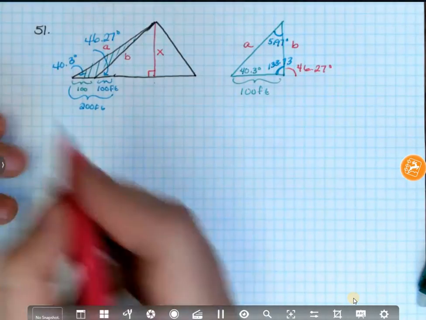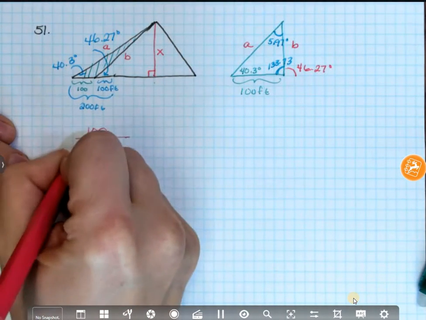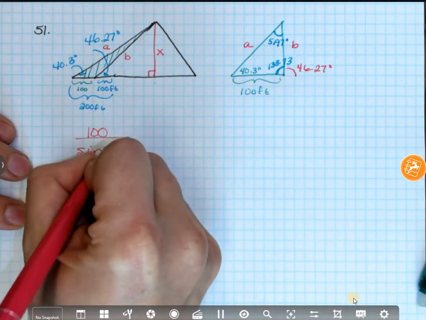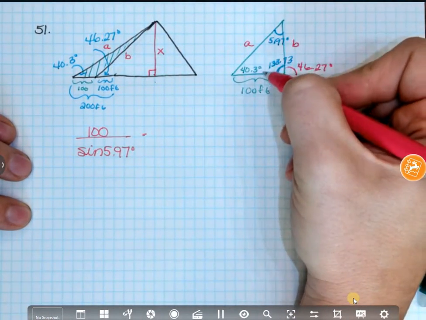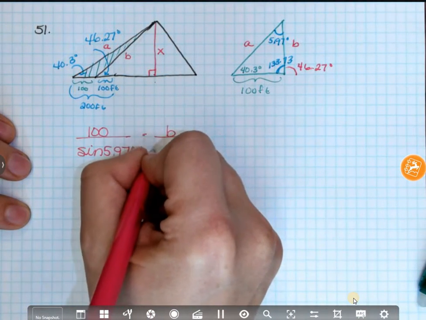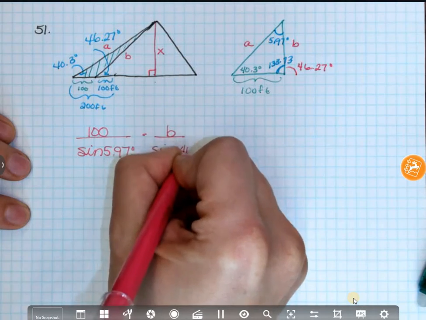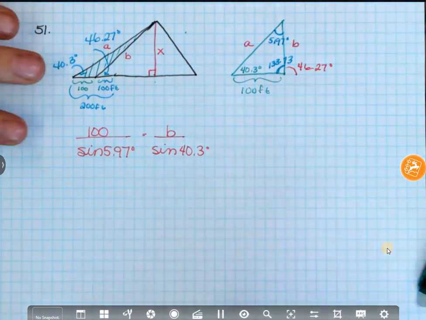Somebody? Nada? So I'm going to have 100 divided by the sine of 5.97, because that's my angle side pair. You all chose to use B, so do B over the sine of 40.3 degrees. And then I need to find a calculator because that's not happening in my head. Okay, here we go.